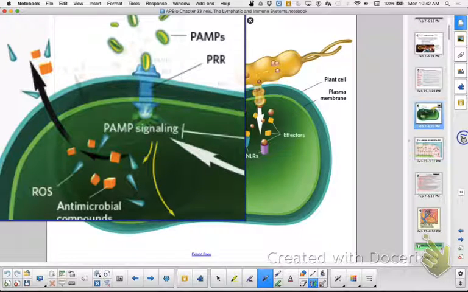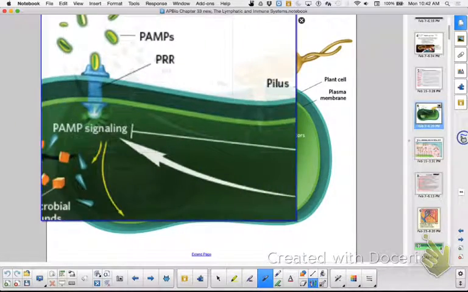Does this look like a signal transduction pathway? I think so too. Okay. So who started this pathway? The PAMP did. And then a response was had. Okay, and then keep going. You can do this too.